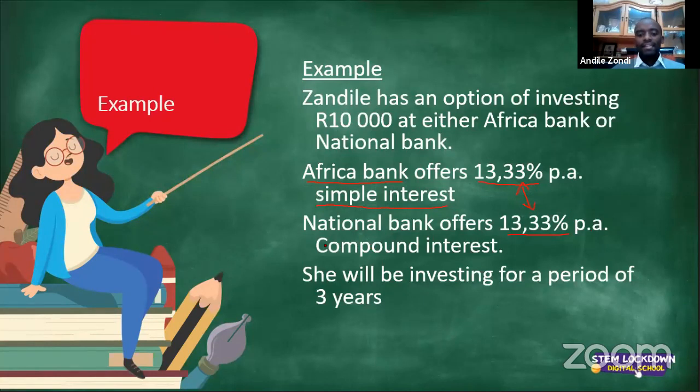But the difference is National Bank offers compound interest. So for this example, I want to see the difference between calculation that involves simple interest and calculation that involves compound interest. She will be investing for a period of 3 years. So this is the term of investment, 3 years.